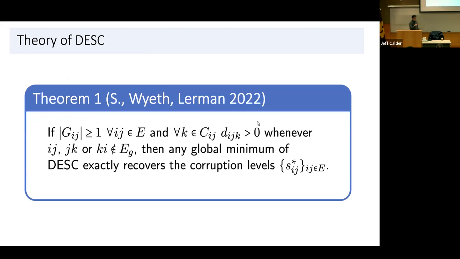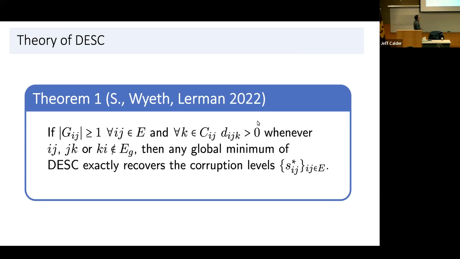The next property of this objective function is that if Gij is non-empty for any edge, and the cycle inconsistency Dijk is greater than 0 whenever you have corruption in that cycle, the global minimum of our formulation exactly recovers the ground truth corruption levels.